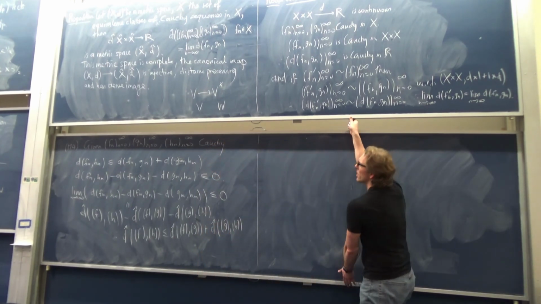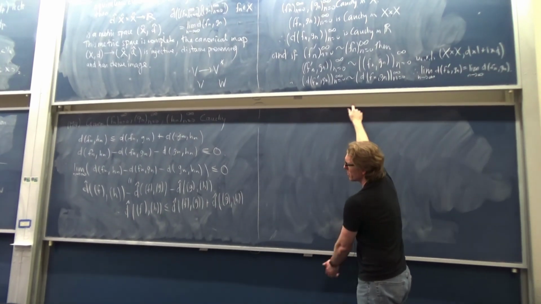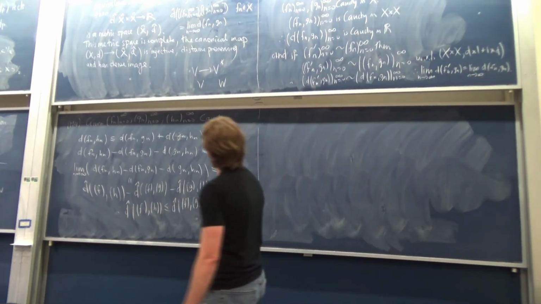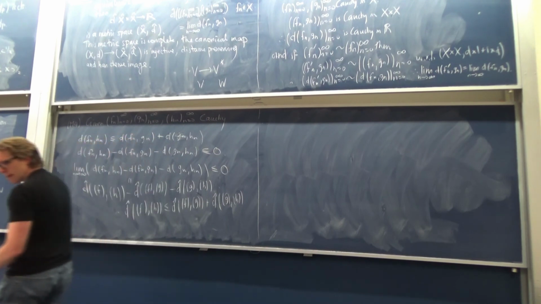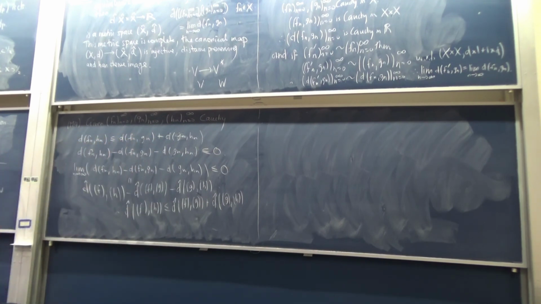Okay, so that's the triangle inequality, and the other ones were straightforward, as I said, so we've got ourselves a metric space. I have precisely 2 minutes to do the rest.